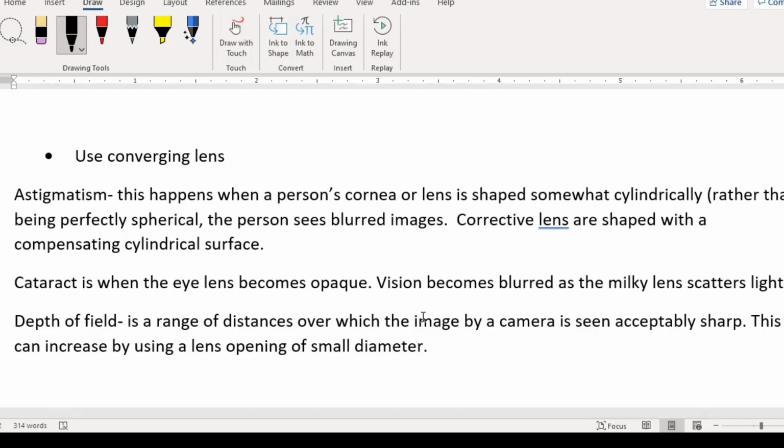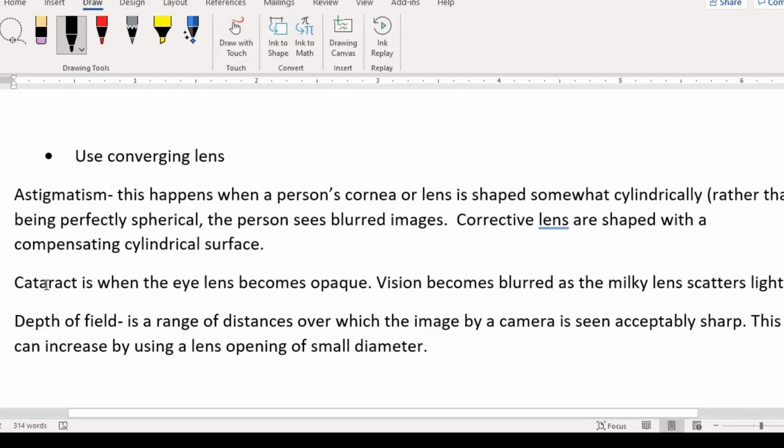So if that's the case, then you're not going to be able to converge or refract the light rays in a more perfect way, as you can imagine. And so the light rays are going to end up being blurred, because when the light rays hit the cornea or the lens, they will refract in different locations, and that will cause the image to be a bit distorted when it reaches the retina.